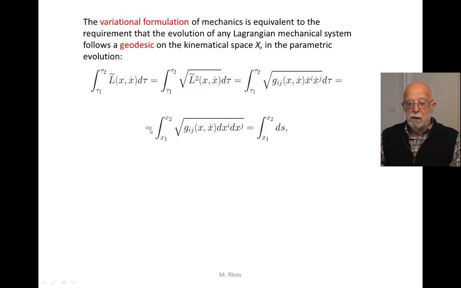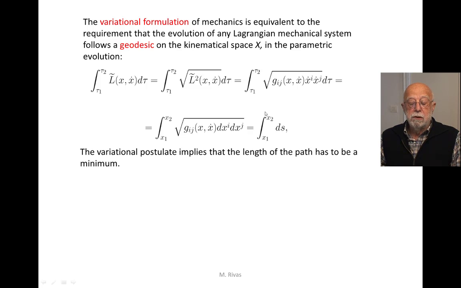So our action integral is equivalent to the length of the path followed by the system from x1 to x2. We don't know if this action integral is maximum or minimum, but L square is definitely positive. So if it is definite positive, the arc length has to be a minimum. So our variational formalism is equivalent to a geodesic statement on the kinematical space, but with respect to the metric constructed from L square.